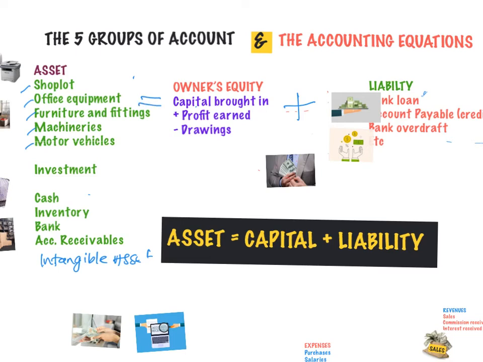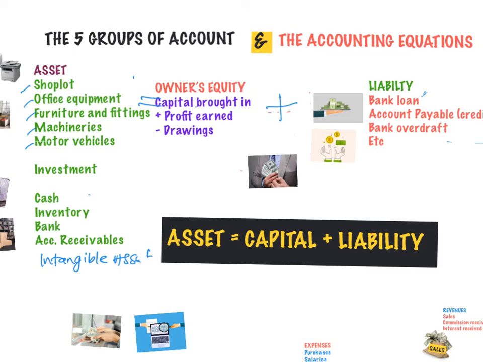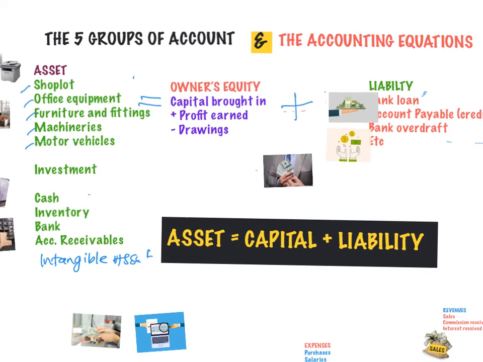Do you see that? So we have here whatever capital that you brought into the business plus whatever external fund that you might have taken from outside, then you can actually have what we call the asset here. So asset is equal to owner's equity plus liability.